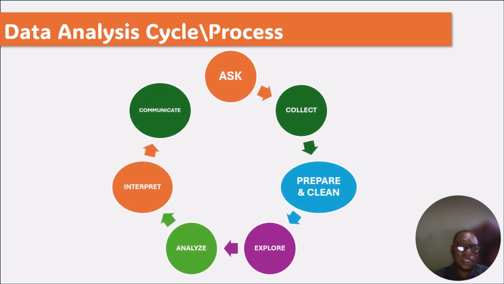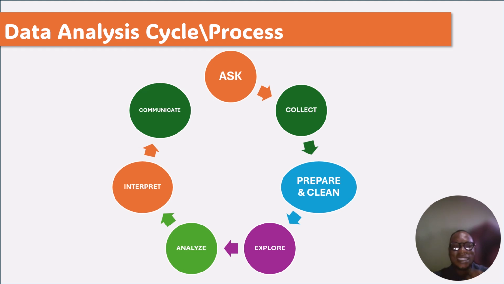Now, the next thing we'll be talking about is the data analysis cycle or process. This process, as a data analyst, must be your watchword. Look at it like a circle where you cannot jump one for one. You start with one and end with the last one.